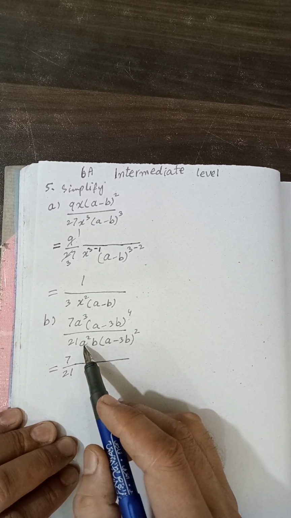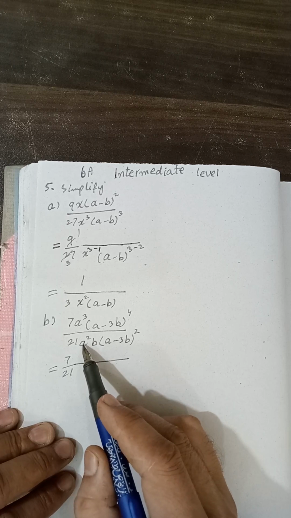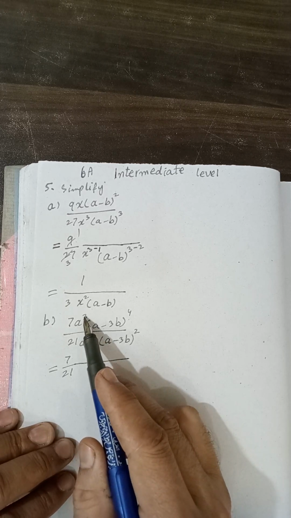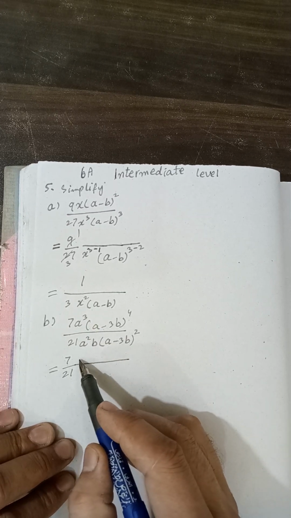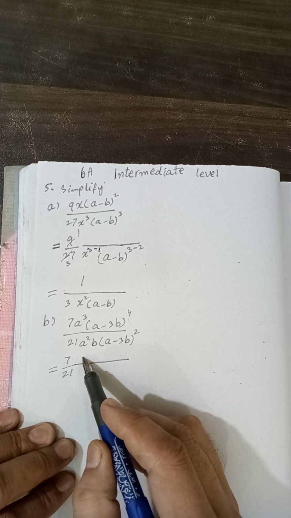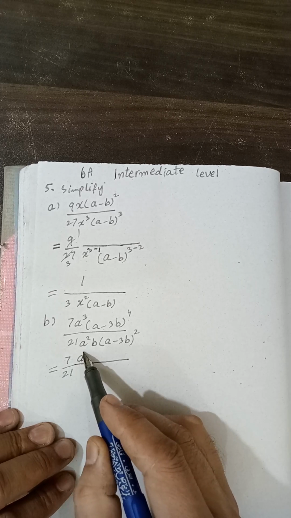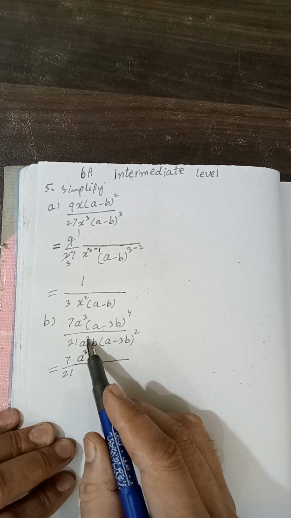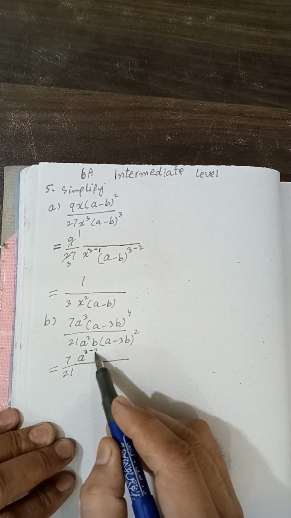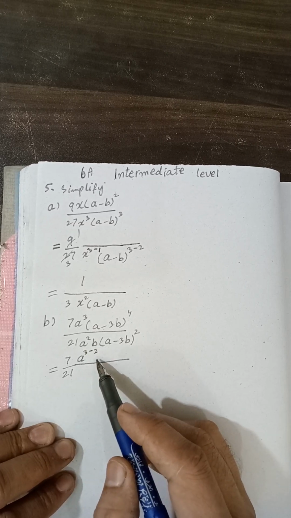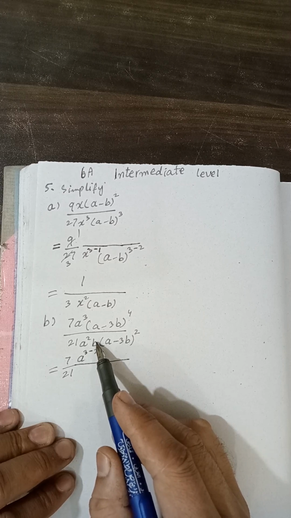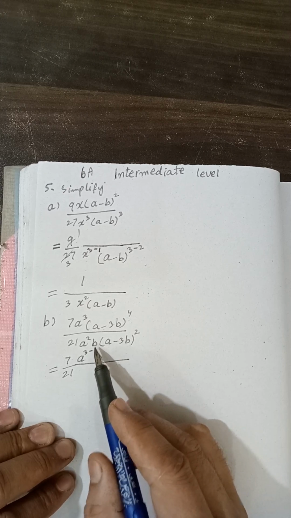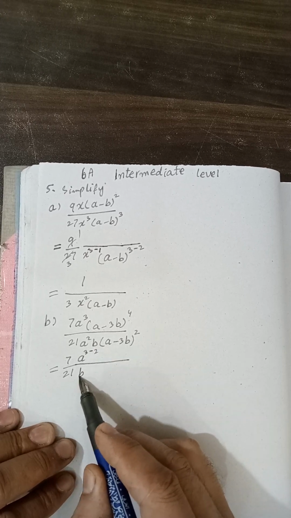And then see, here is a square and here is a cube. Move to the base of higher power, so a³, and this 2 will become minus 2 when it is carried to the numerator, and b is only one time, so you will write it here.